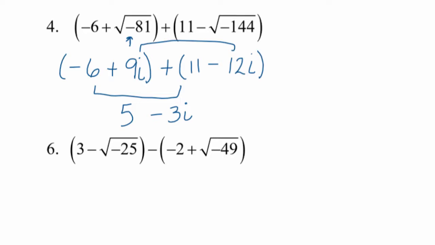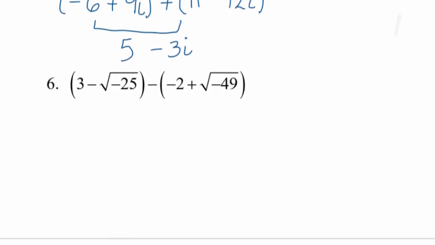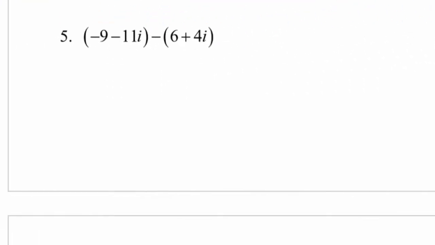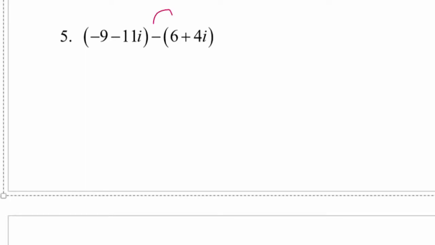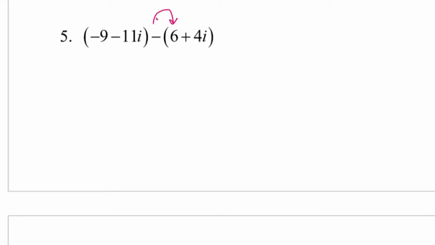All right, number 5. Number 5 says we're subtracting two complex numbers. If you think that means we are going to change signs with this negative here, changing the signs on both of these terms, then you are right. So let's rewrite that. Negative 9 minus 11i is our first complex number.